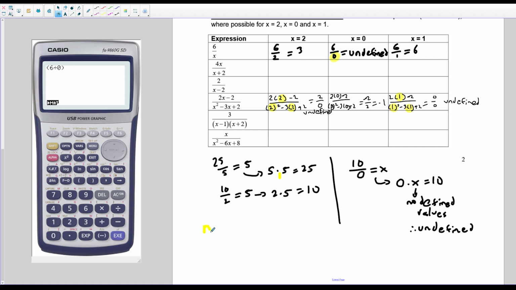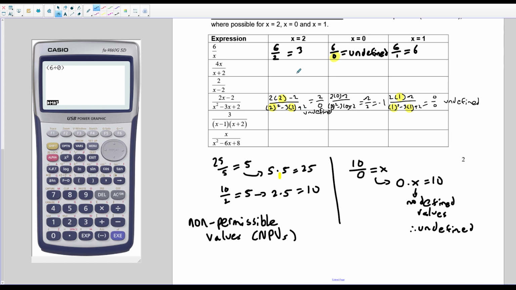So let me write that in black, non-permissible values, otherwise known as NPVs. We're going to touch on it in just a little bit, but essentially non-permissible values, or NPVs, are just whatever numbers we put into our denominators that make it equal to 0, which essentially just breaks mathematics for us.